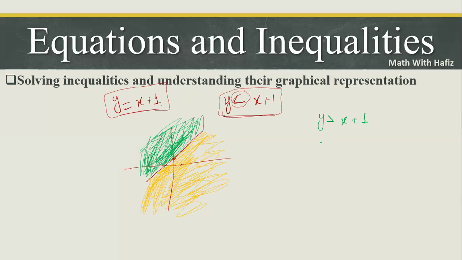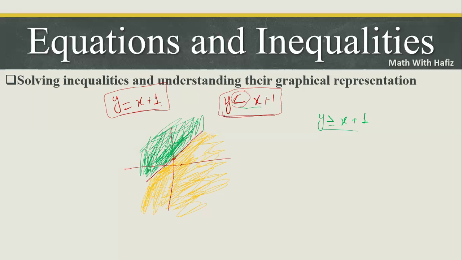In these two cases it is not equal, so the solution does not lie on the line itself, unless you have something either equal or greater, or equal or lesser. Then it also lies on the line.